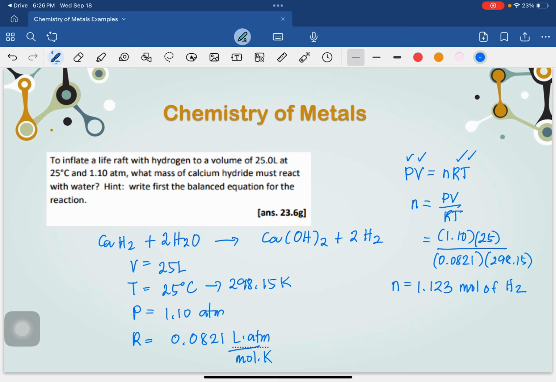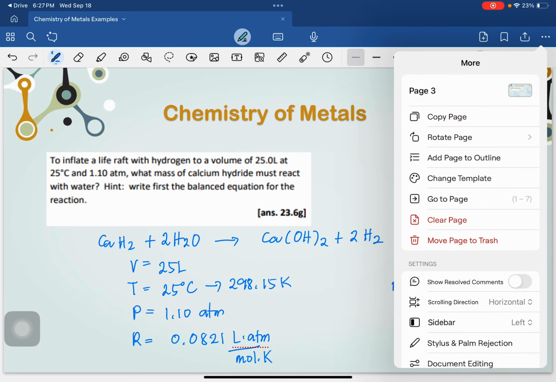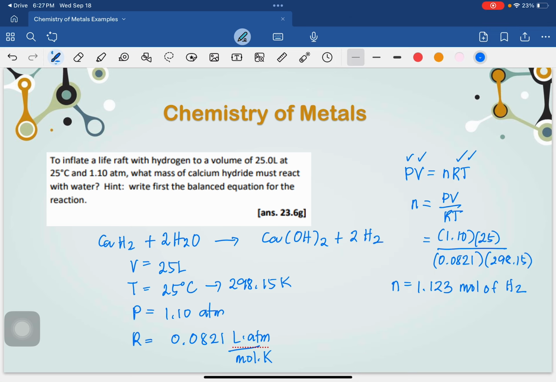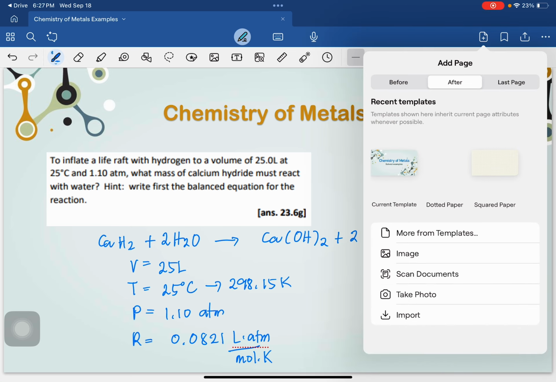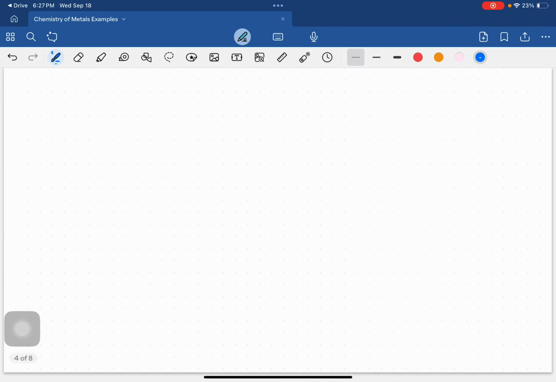Actually, we have 2 moles of hydrogen gas on the original equation. So let me just add a sheet, because I need an extra sheet for this. Okay, let's just continue.